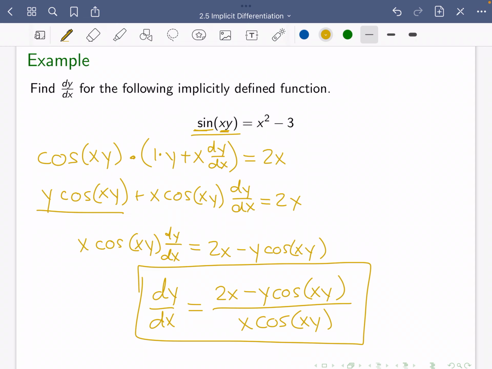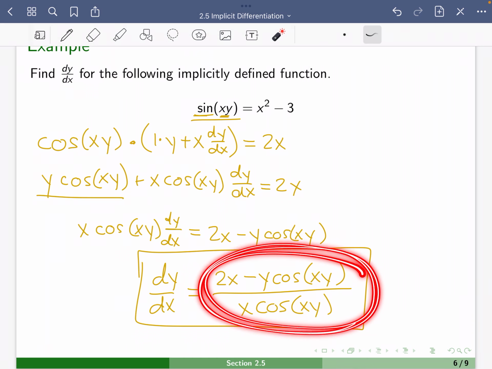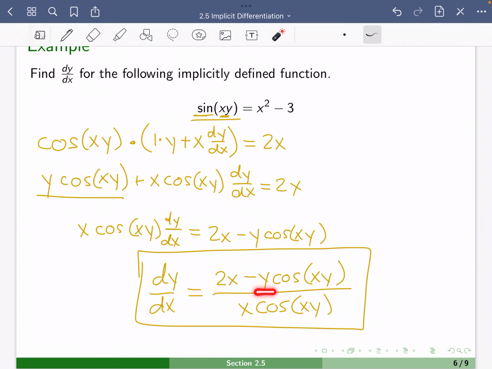We still have x's and y's floating around in our derivative on the right-hand side. If we wanted to know what is the derivative at a point, which we will find in one of our upcoming videos, then if I wanted to know what's the derivative when y is 0 and x is the square root of 3, well, then we would just plug in 0 for y and the square root of 3 for x.